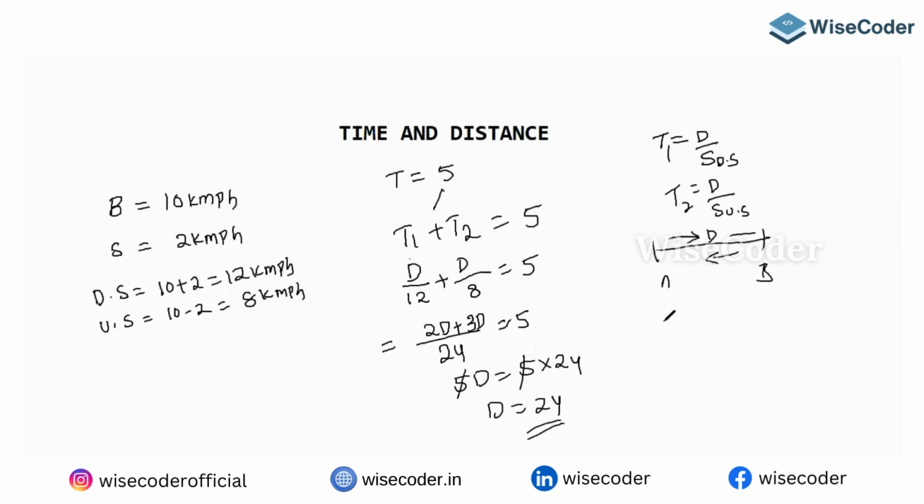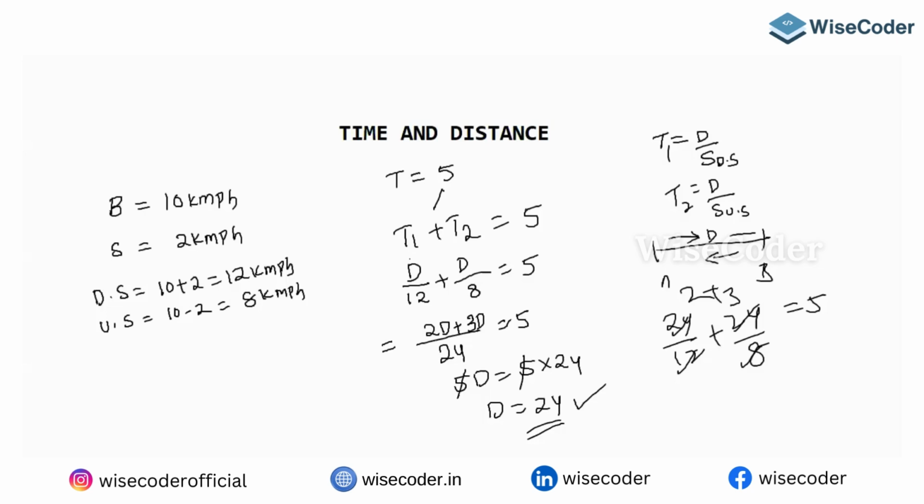You can verify here. 24 by 12 plus 24 by 8: this is 2, this is 3, so 2 plus 3 only 5. When you put 24 here, you will get 5. Then the distance here is 24 kilometers.